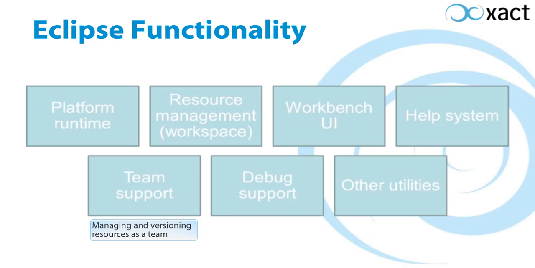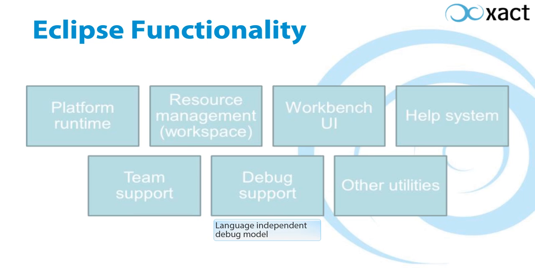Team support defines a team programming model for managing and versioning resources. It works together with external tools like Endeavor and ChangeMan. Debug support defines a language-independent debug model. And finally, other utilities supply functionalities such as searching and comparing resources, performing builds that use XML configuration files, and dynamically updating the platform from a server.